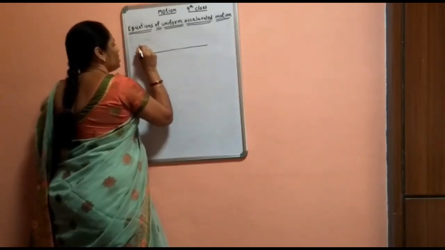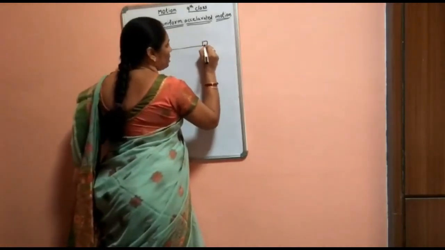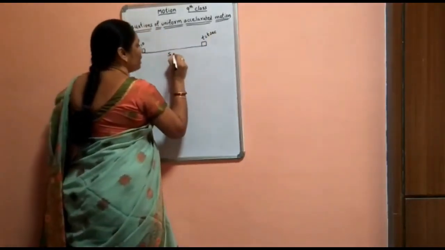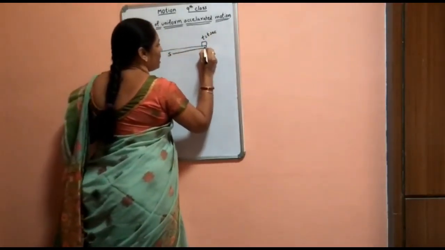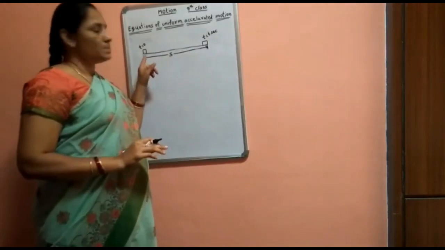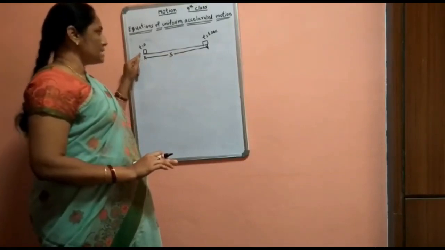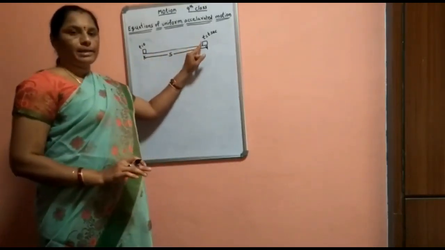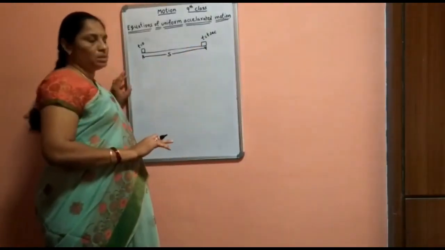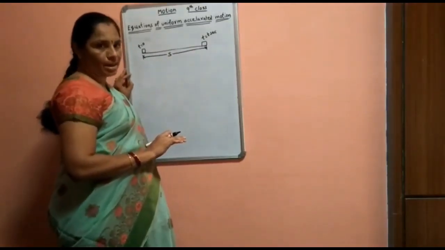At t equal to 0 seconds, the object is here. When t is equal to t seconds, the object is here. The displacement travelled by the object is equal to s.